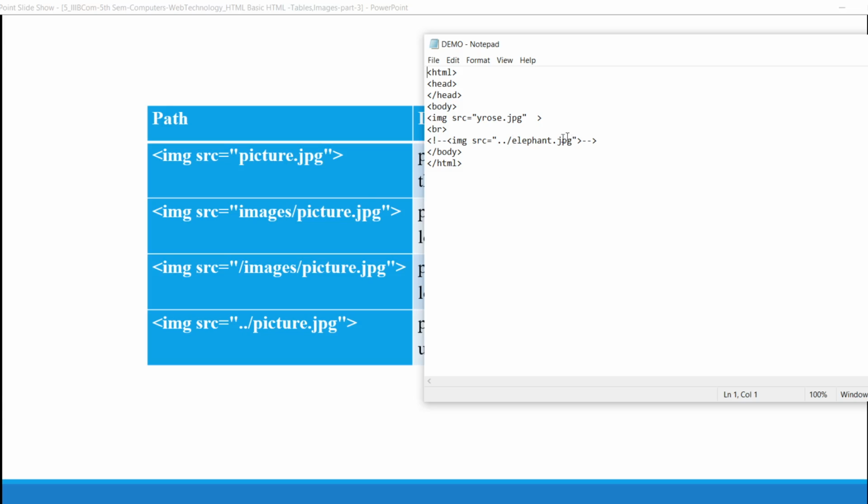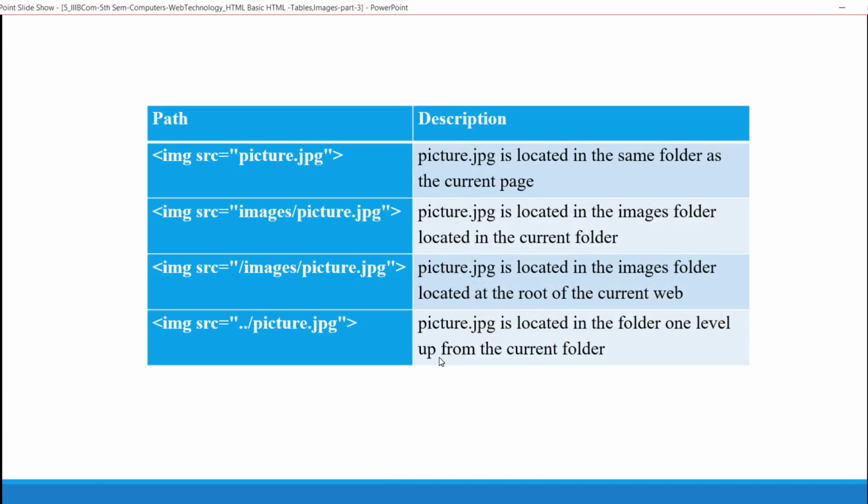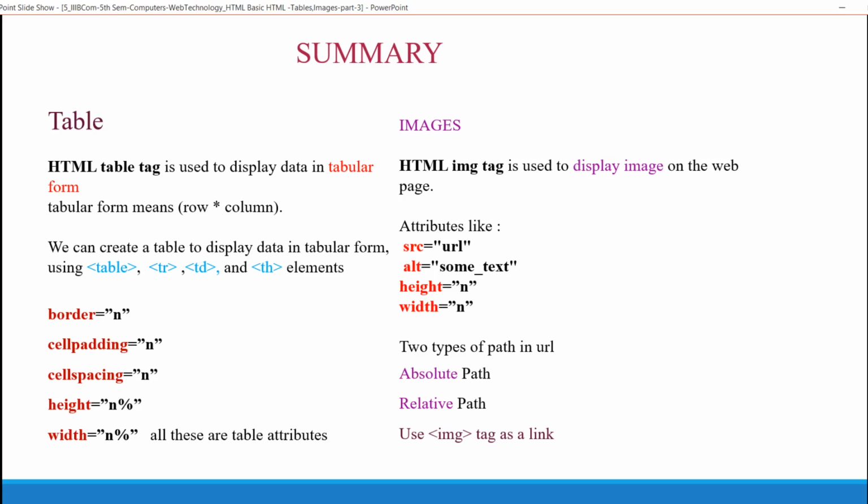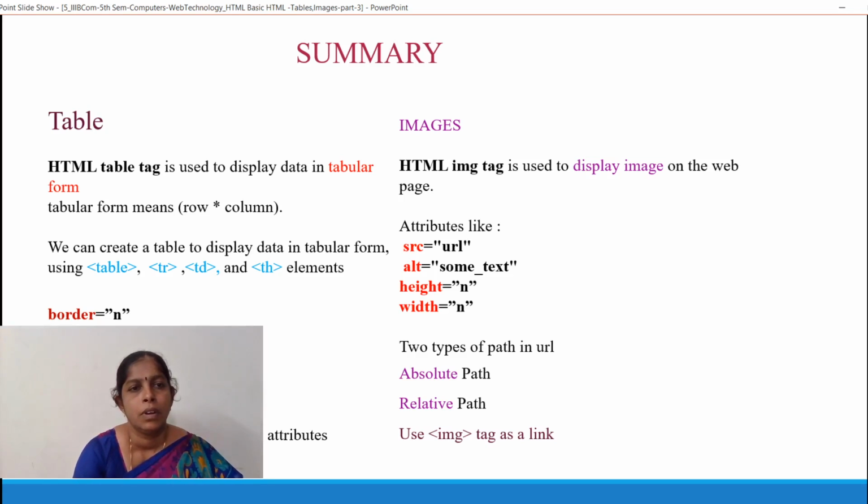This is similar to this path. This picture is located in a folder one level up from the current folder. I placed it on the desktop, not in the images folder. This is about the image tag. These are the topics we discussed now.